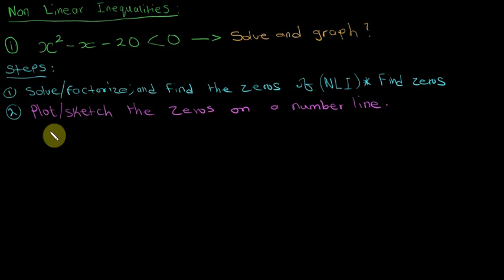One thing you will find after sketching is that the zeros will divide the number line into regions or boundaries or sets. From the divided sets, just take some test points.